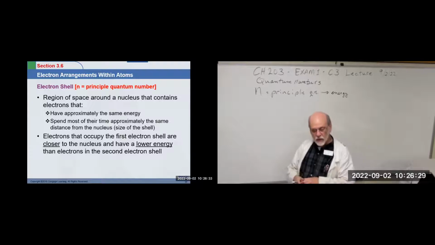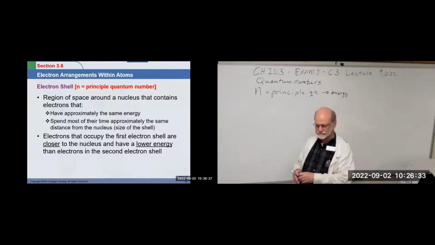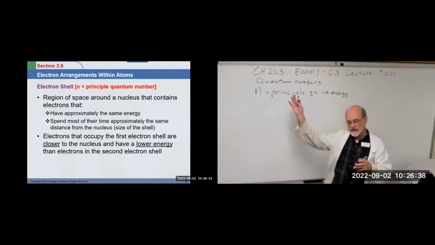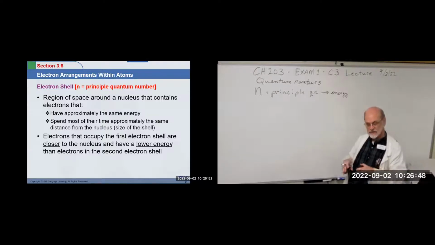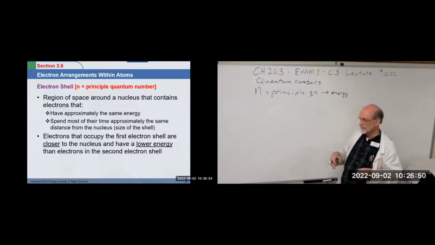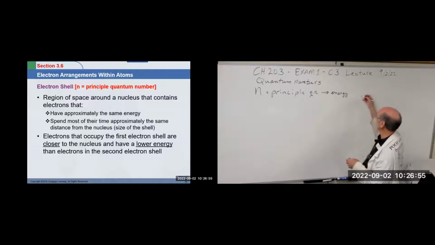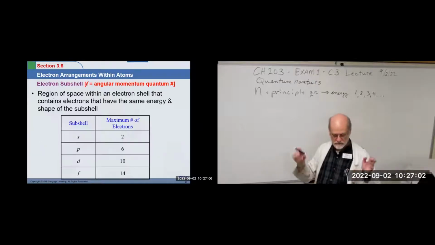The ones that are lowest energy are closer to the nucleus. That's by convention, because if you want to promote an electron to, say, infinity, you have to add energy. Within the atom, it moves from one shell to the next as you add energy. So the higher energy ones are the ones with the higher numbers. The numbering system goes 1, 2, 3, 4 on out. Whole numbers, just that simple.